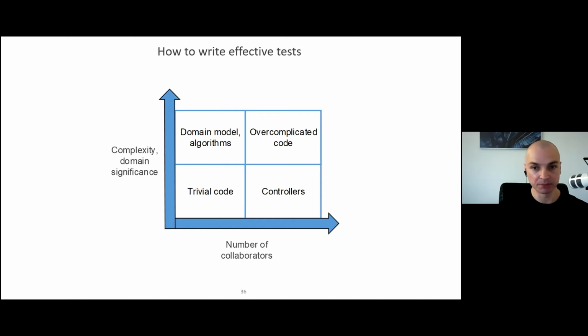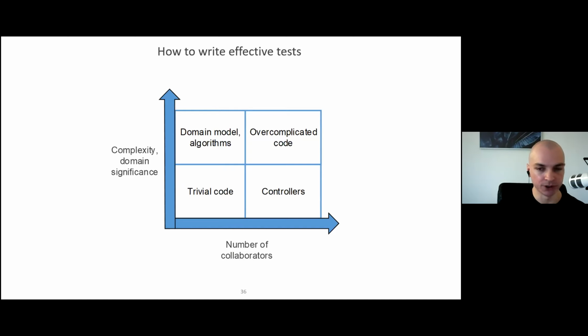So from the unit testing perspective, the testing of domain model and algorithms provides you with the best return on your effort, because the resulting tests are valuable and they are cheap. They are valuable because they test the complex or important functionality, and they are cheap because that functionality doesn't have a lot of collaborators.